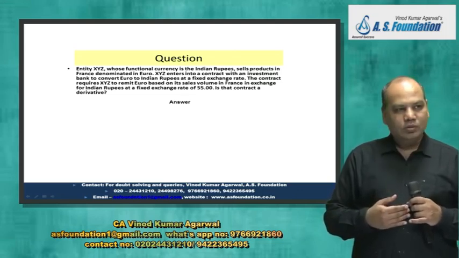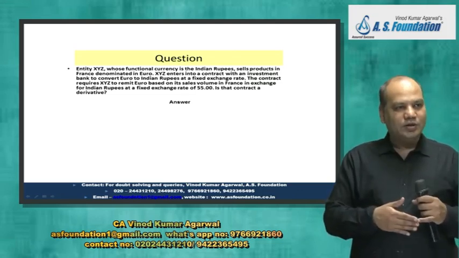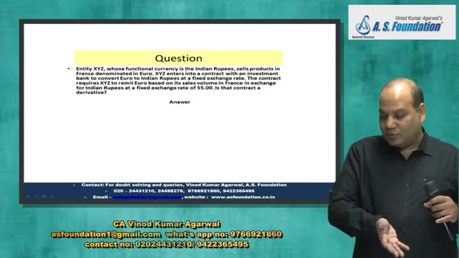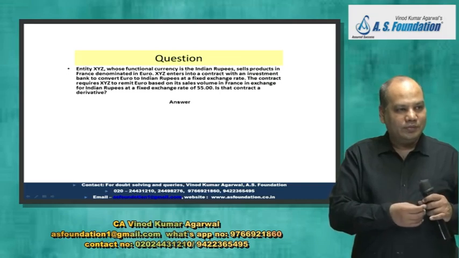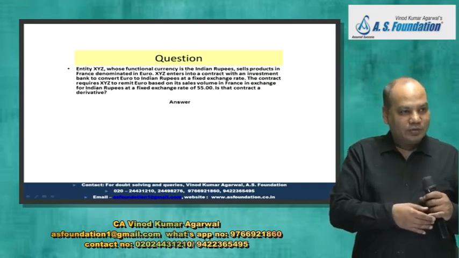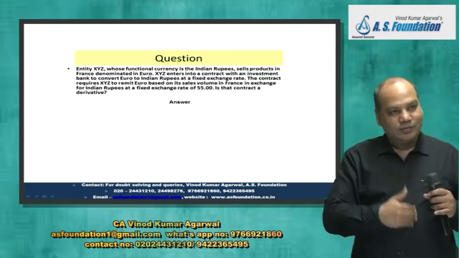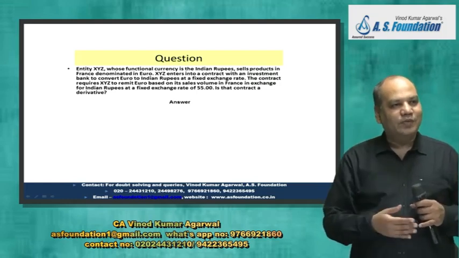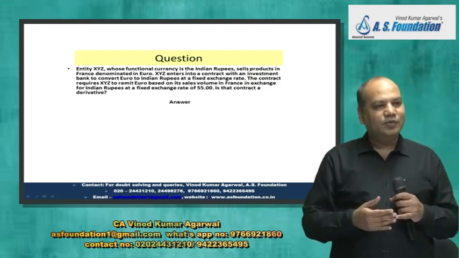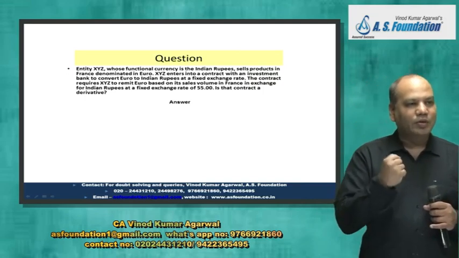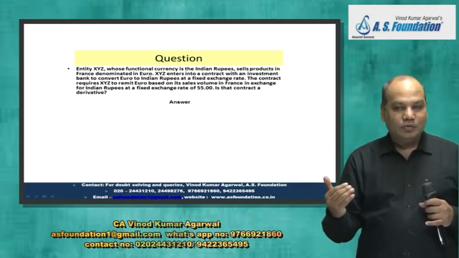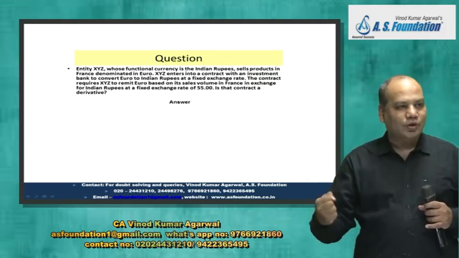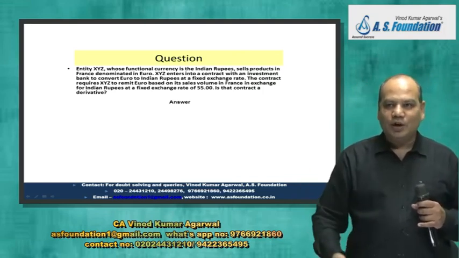Dear student, fixed rate, that is why it is risky. If suppose the value of the euro goes down to 45, you will gain. If it goes to 65, then again you have to deliver it at 55 only. Is it right? So your contract acquires a value. Suppose the exchange rate goes to 50. So you still can use this contract and sell euro at 55.